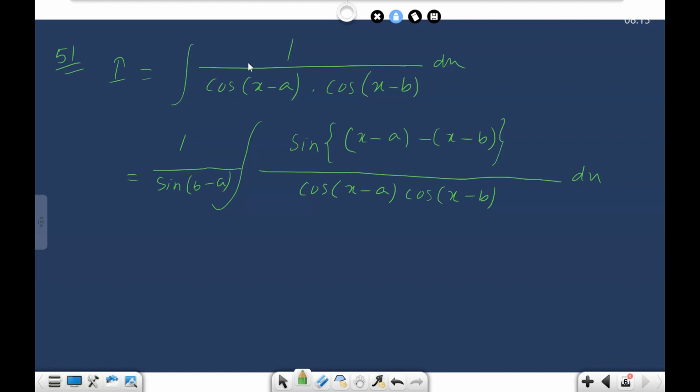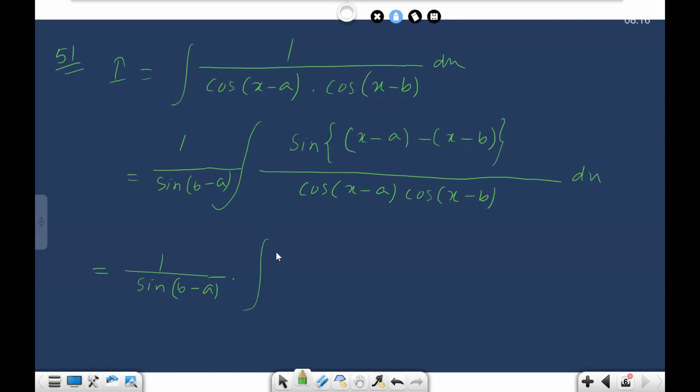So keep in mind that if both of these are cos, then you should write sine here. If both of these are sine, then also you write sine here. But if it is sine and cos, then you should write cos here. And the process is the same in those problems also. After this, it is equal to 1 by sine b minus a into the integration of, this can be considered as sine of a minus b now.